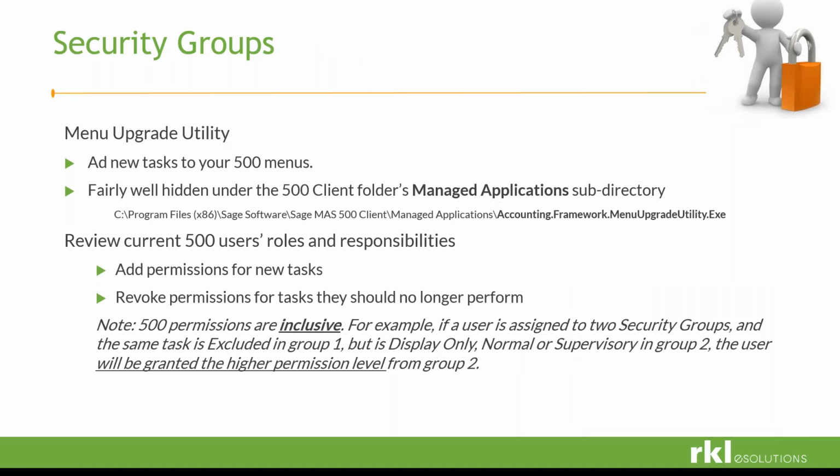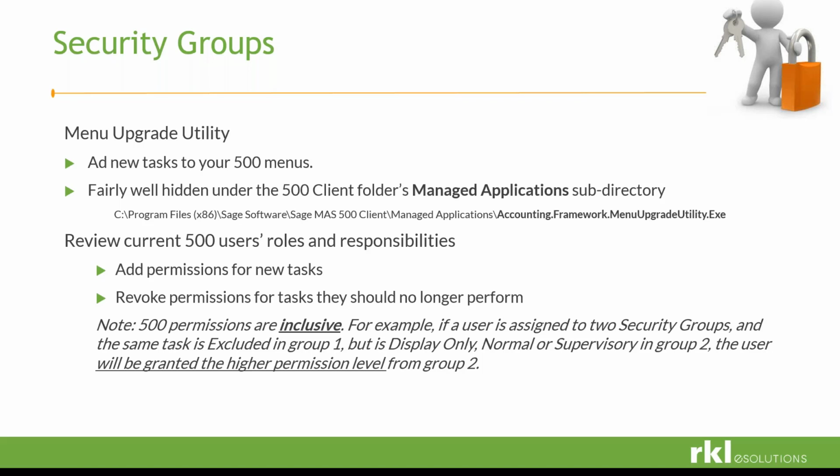There's also a menu upgrade utility within 500. If you've gone through an upgrade, there may be new tasks that are available to you, which may or may not have been added to your menus. So you can launch this menu upgrade utility. It's kind of well hidden.